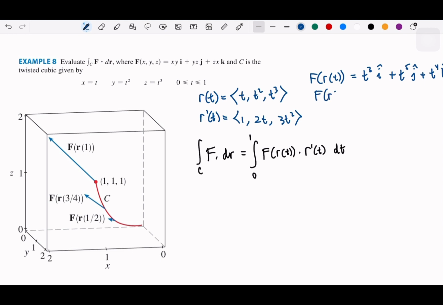I think I will write this using that. So I will use the dot product. So t cubed times 1 is t cubed.